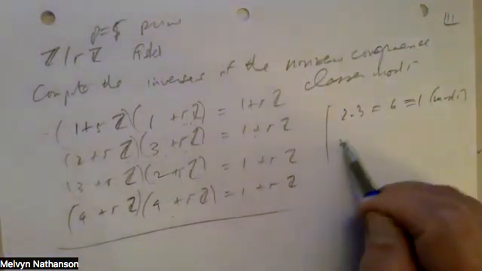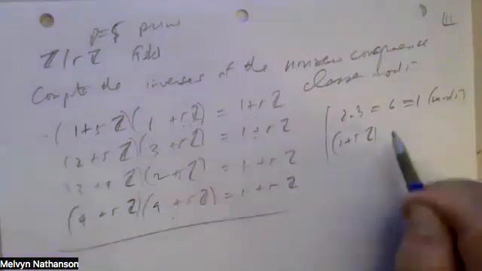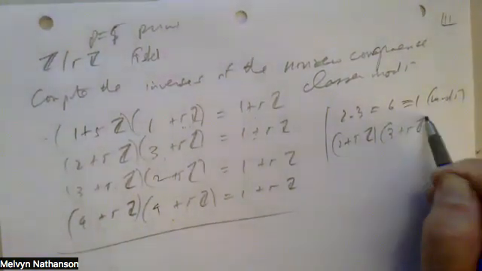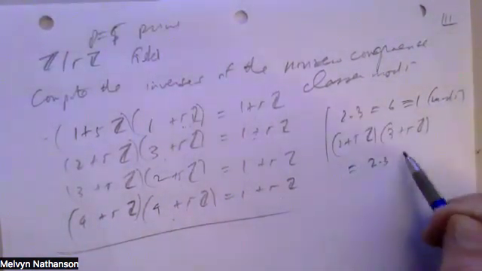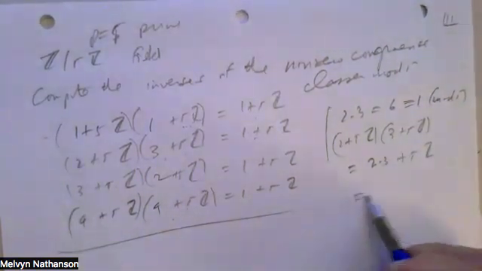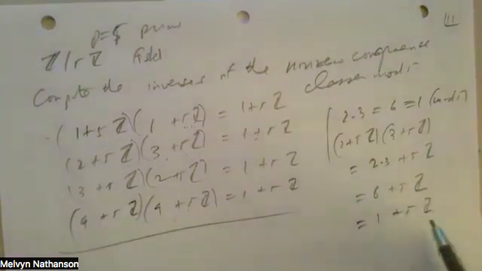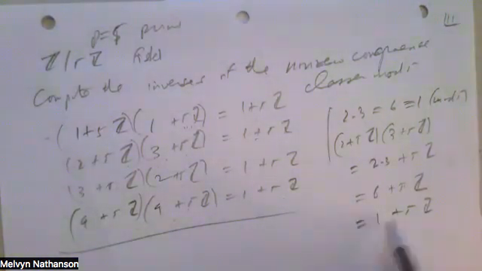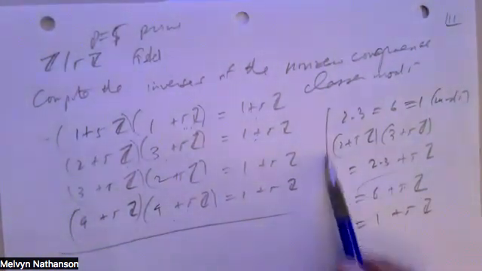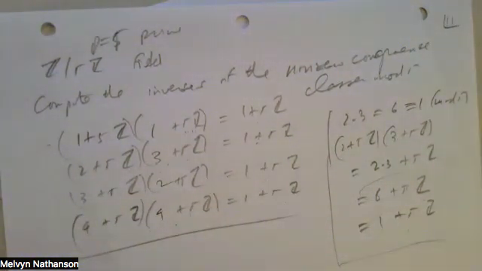So 2 plus 5Z times 3 plus 5Z is 2 times 3 plus 5Z, which is 6 plus 5Z, which is 1 plus 5Z. 6 is congruent to 1, so these two congruence classes are the same.